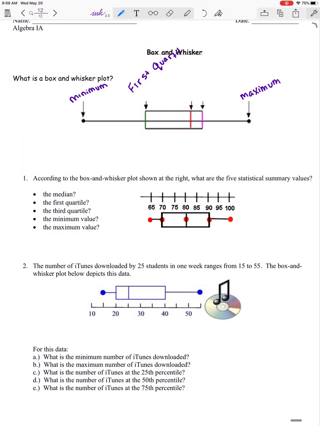Here, let's put that in a better spot. First quartile. Now, the first quartile is also known as the 25th percentile.